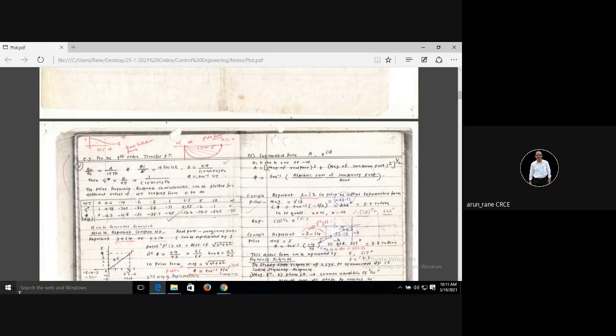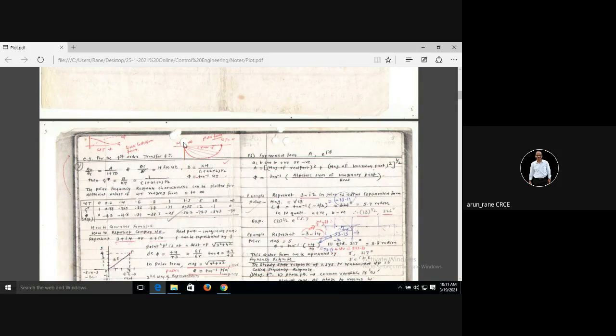So you can check the various values of G and phi. And did you understand how the graph is plotted? Which graph?